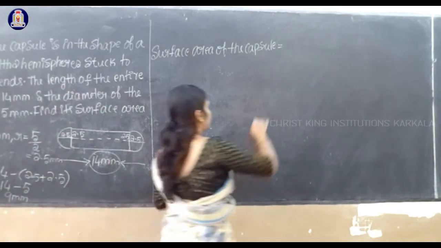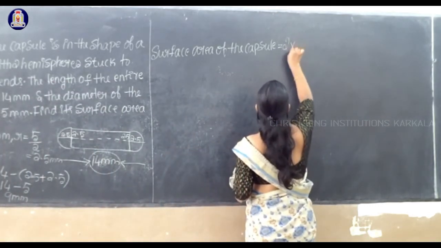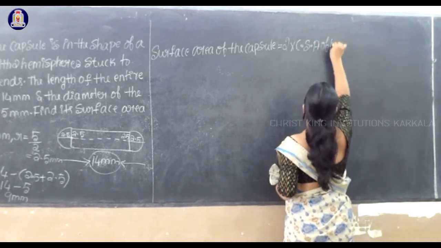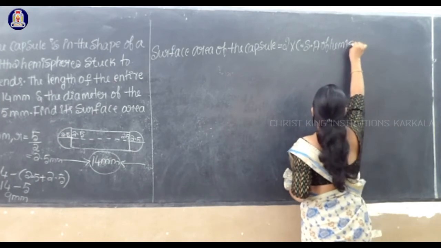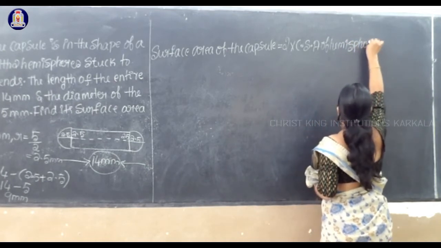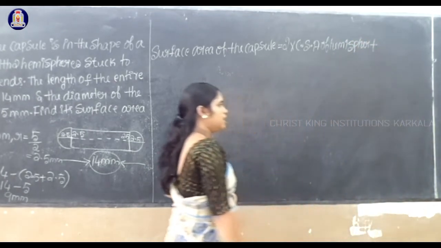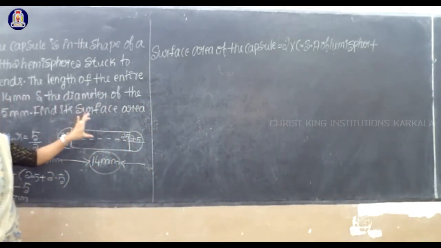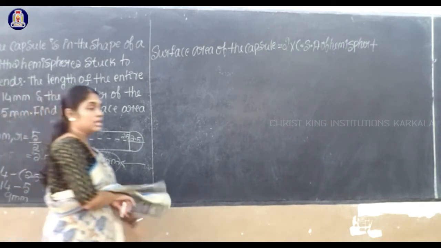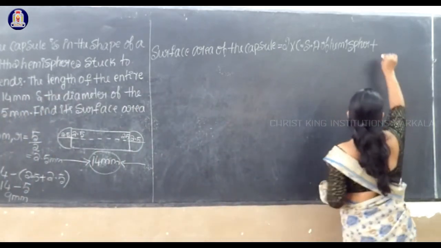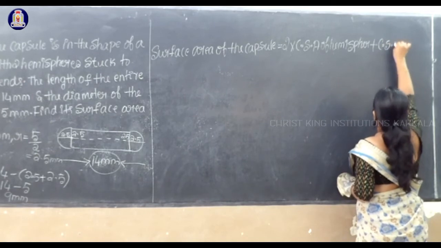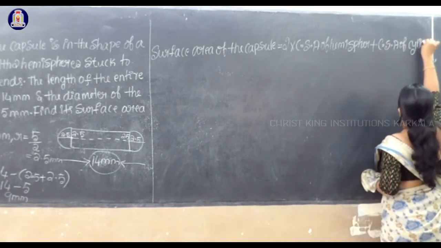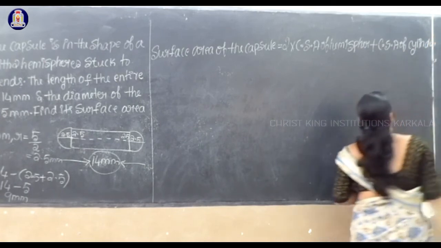So I will consider 2 into CSA of hemisphere, plus, what is the shape of the middle region? The shape of the middle region is a cylinder, so plus CSA of cylinder.